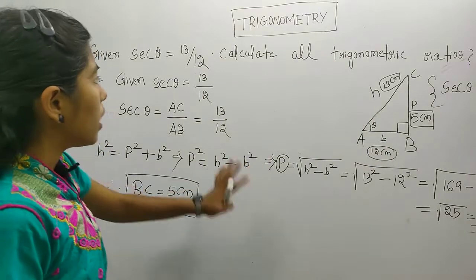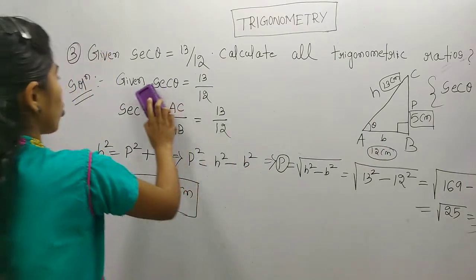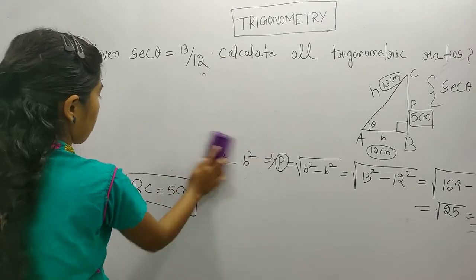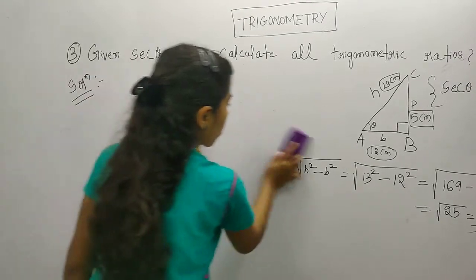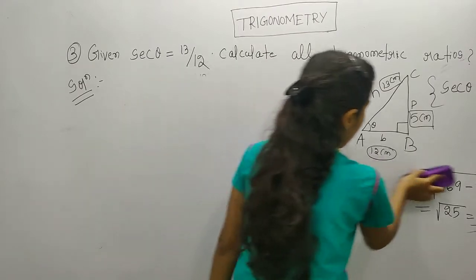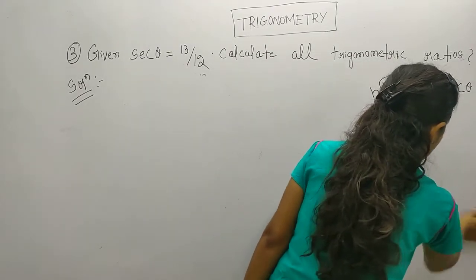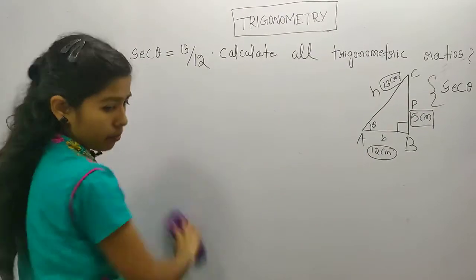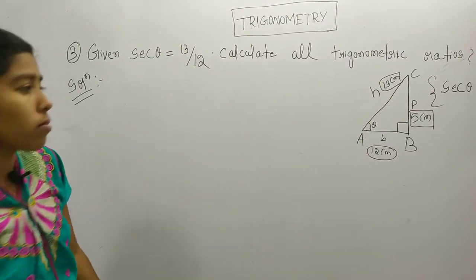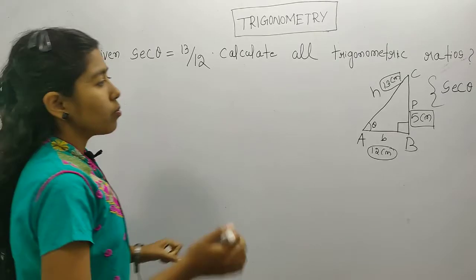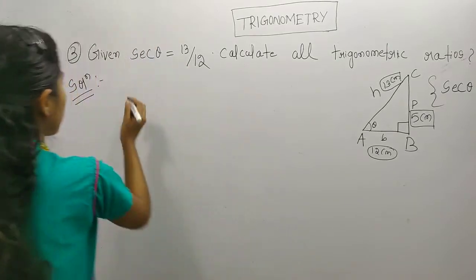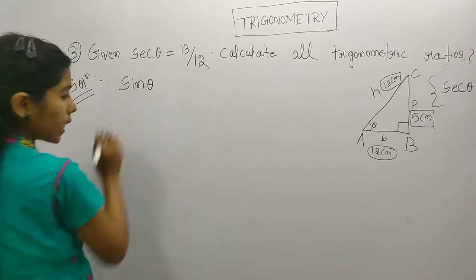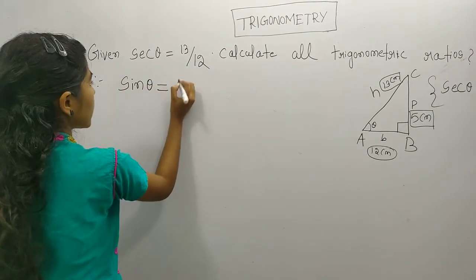Over. The triangle is completed. So now we will find the ratios. First is our sin theta. What is the formula of sin theta?